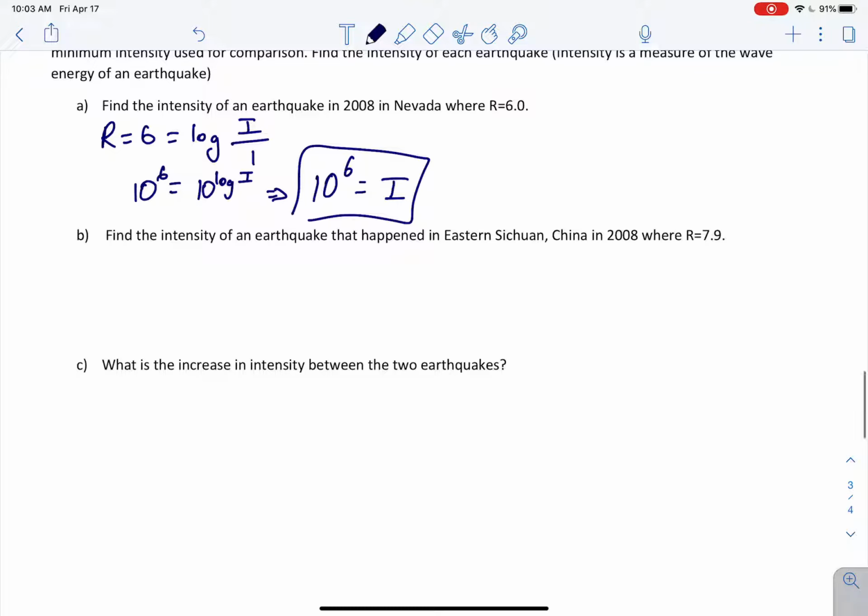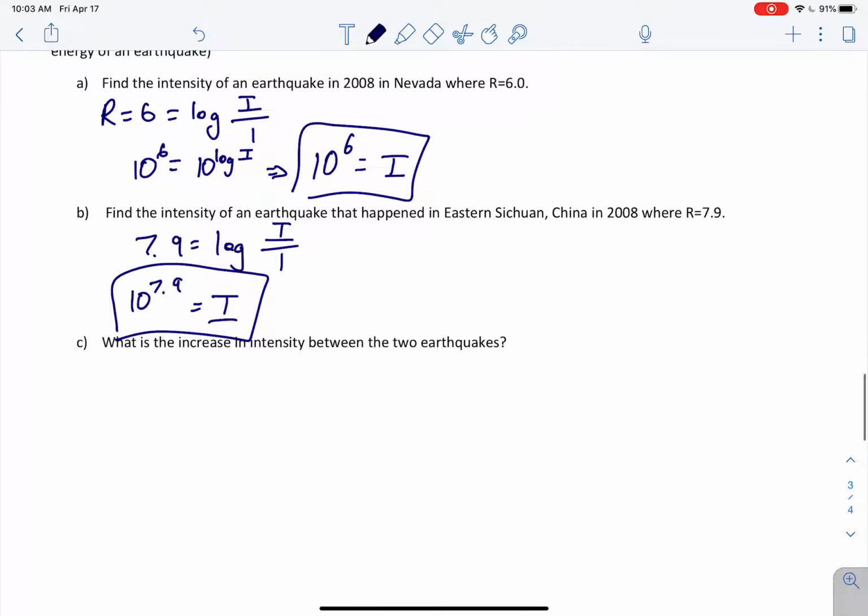So the next one is an earthquake in China where the Richter scale value is 7.9. So again, we can do something similar, right? And so now we do 10 to the 7.9 equals I. And so now we want to know, what is the increase in the intensity? Well, what we want to make sure is that the Richter scale value went up by 1.9 units.